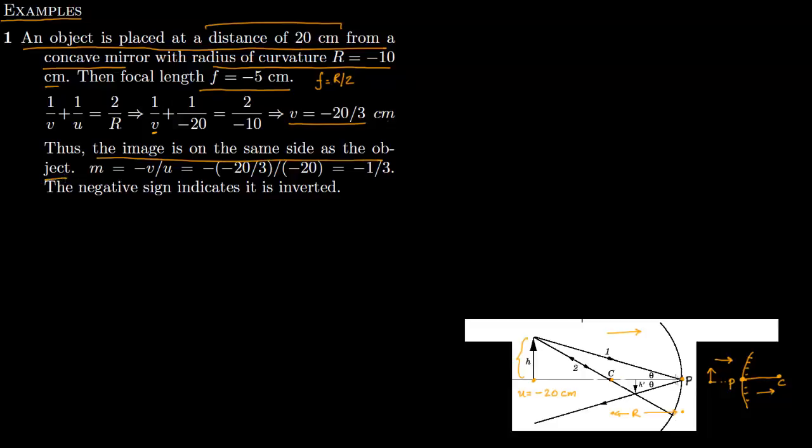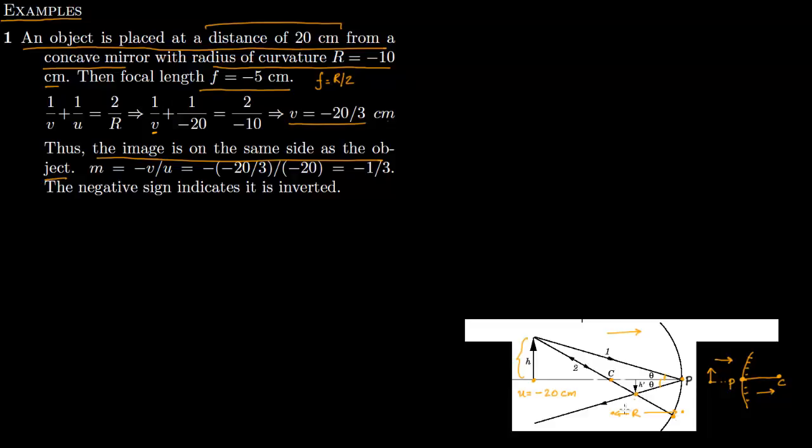Now you can draw the ray diagram also. For the ray diagram, I told you first to draw a ray through P. The light falls on the pole and gets reflected by the same angle. So it falls at theta and gets reflected at theta. The second is, if you draw the ray through the center of curvature, it falls say at a point here, then it gets reflected back along the same path.